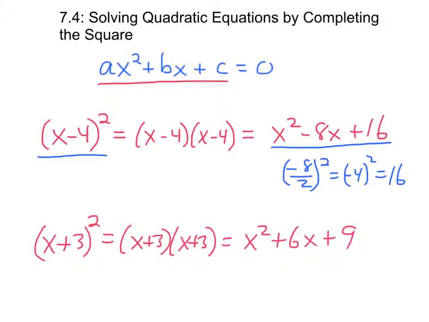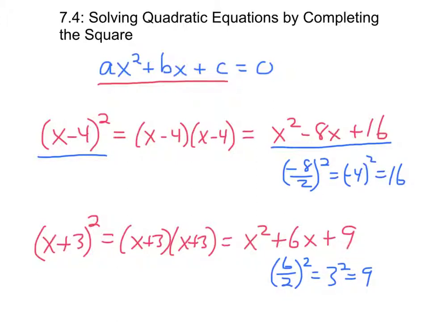And again, if you take this middle coefficient, the 6, and take half of that, that would give you 3. Then if you square 3, you get the 9 here. So the middle number, 6, divided by 2, and then squared, would always give you this last term, in this case 9.